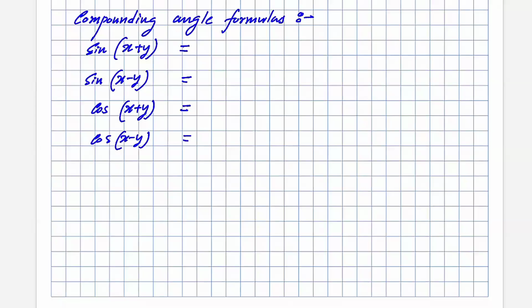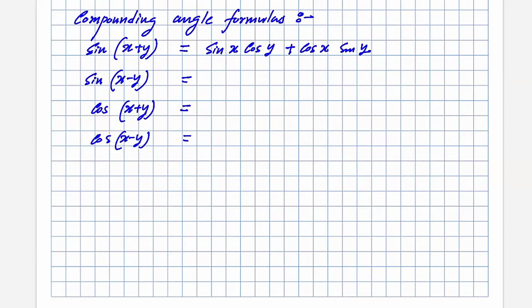So, sin x plus y, see whether you have this: sin x cos y plus cos x sin y. These things you have to remember. Even in the trigonometry, we remember these things. We don't have the proof.